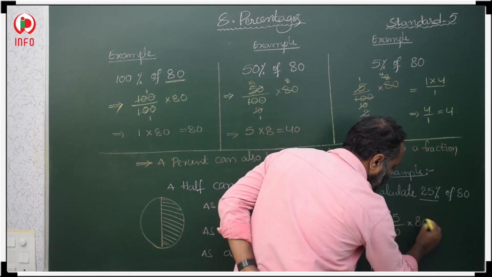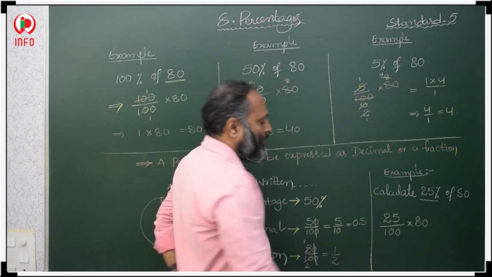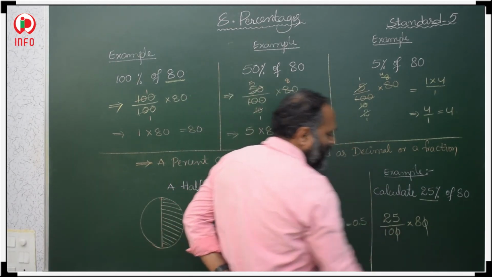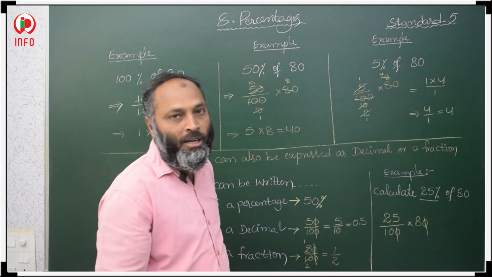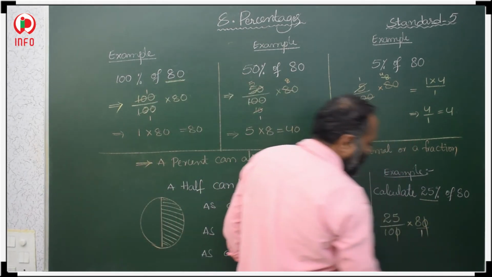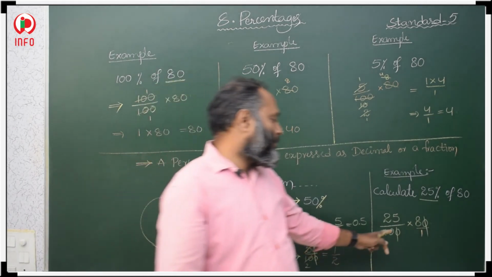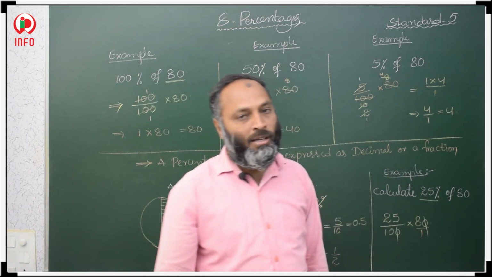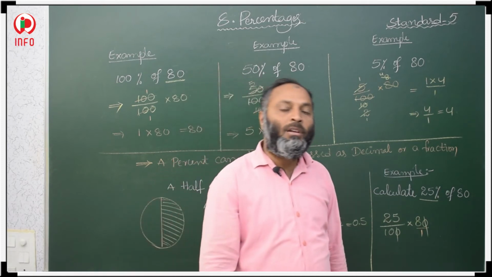Here a 0 is there, here a 0 is there, the 0 gets cancelled in the numerator and in the denominator. This 80 is in the numerator. Why? Because nothing is there means by 1. A numerator and a denominator that have a common factor, we have to cancel with that common factor.